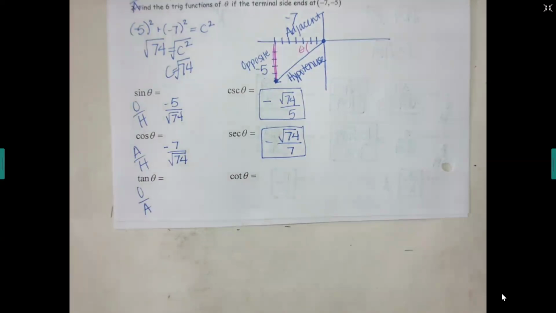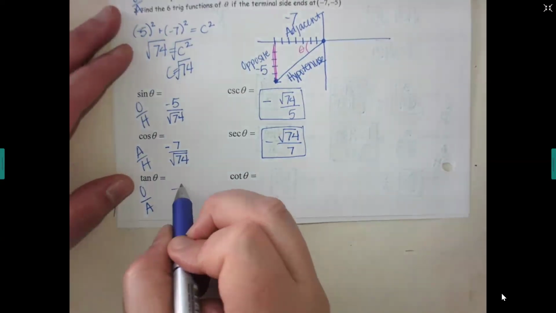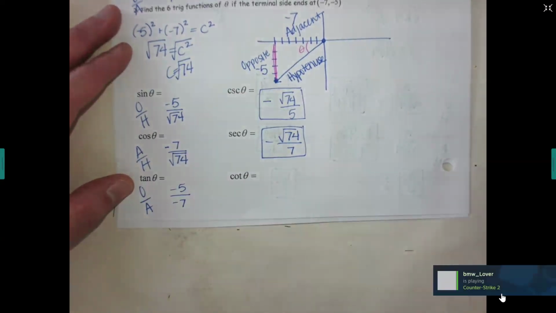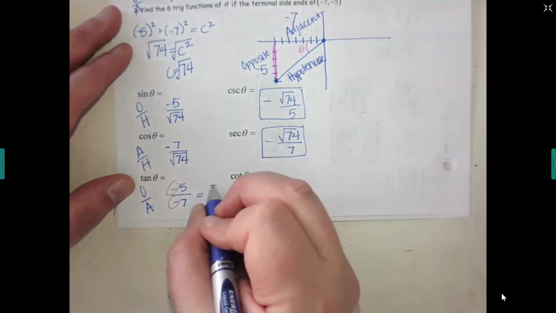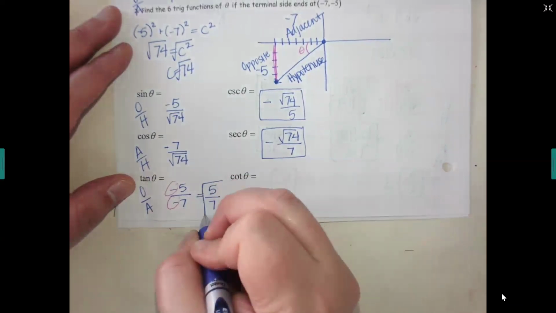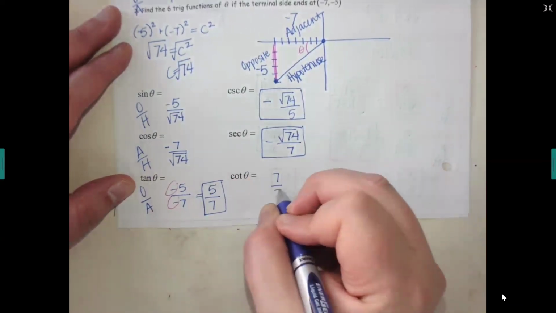Tangent will be what? O over A for that one. -5 over -7. And then what happens when you divide two negatives? These are going to cross out. So really it'll just be 5 over 7. And then when I flip that, I'll get 7 over.